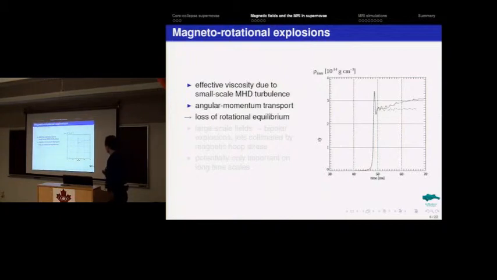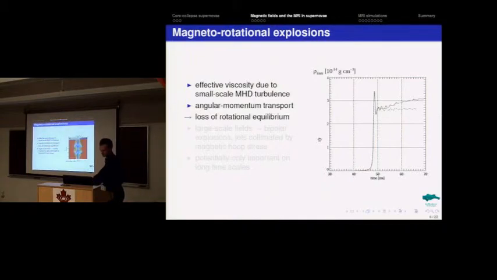After the bounce, which is at roughly 48 milliseconds, the non-magnetic model remains in equilibrium and nothing more is happening except for oscillations. In case of strong magnetic fields, we have the transport of angular momentum leading to the loss of centrifugal support and consequently a contraction of the core on secular timescales.